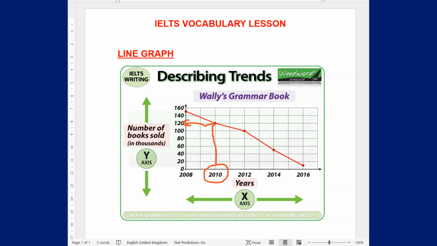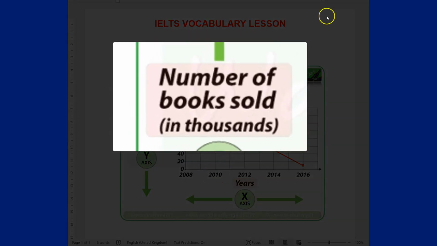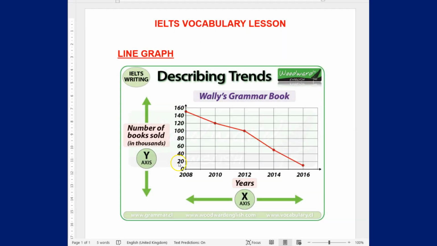Why? Because the books sold here are in thousands, and therefore each number is a multiple of 1,000. So 20 here is 20,000, 40,000, 60,000, 80,000, up to 160,000. So the mark here should be 120,000 books sold.